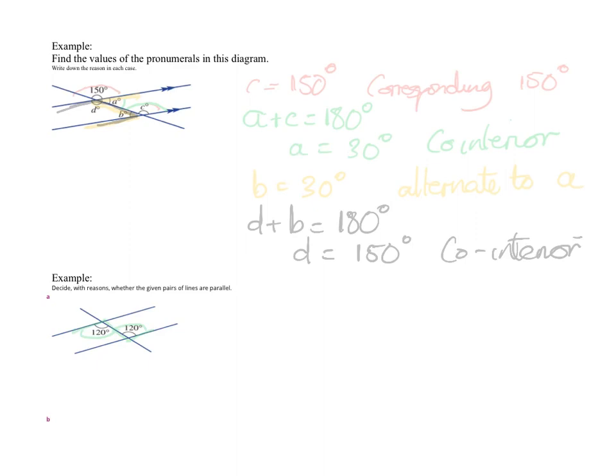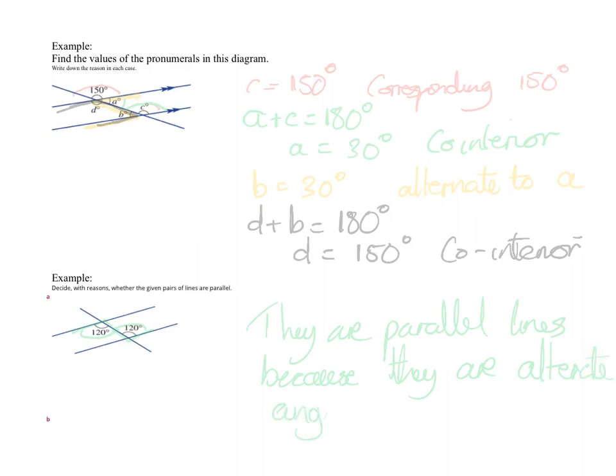If one of those angles had been different to the other one, then they would not have been parallel lines and therefore not alternate. So they are parallel lines. And why? Because they are alternate angles. They follow the rules from the previous page.